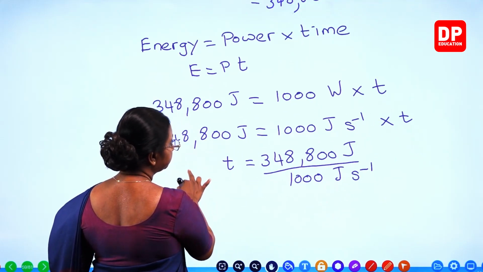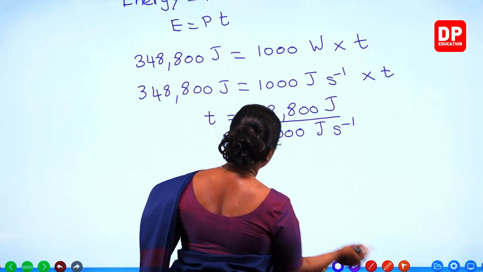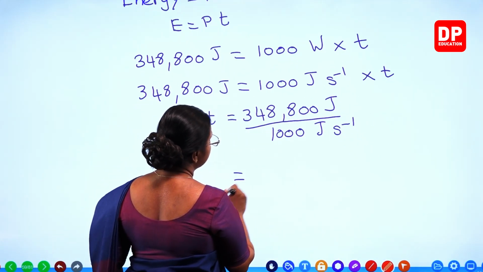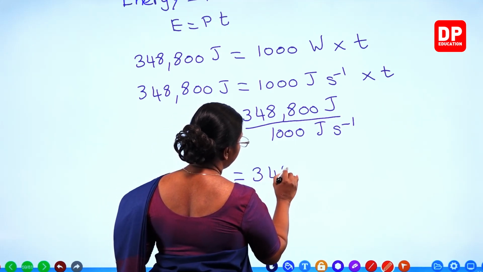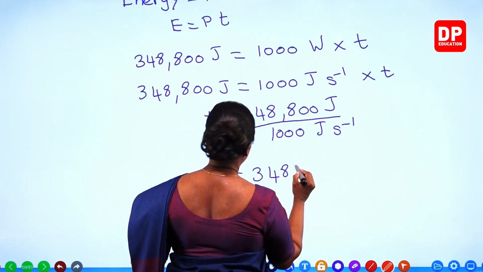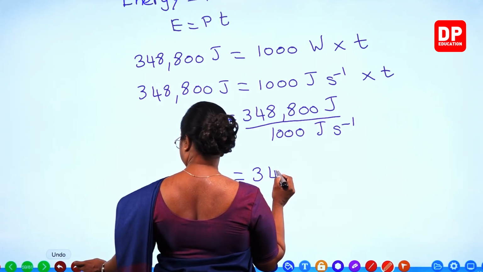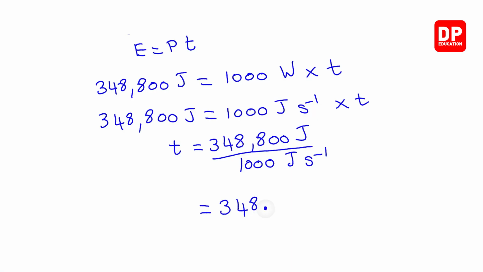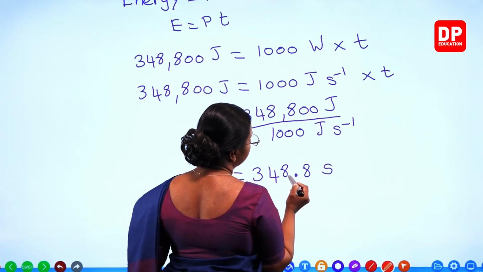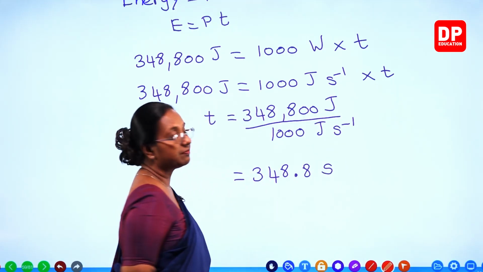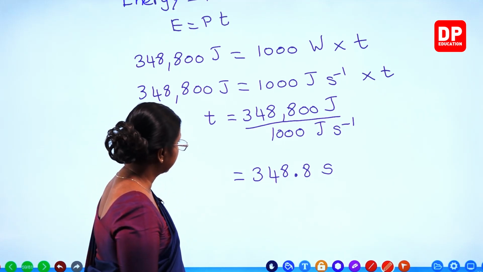So there you will get the answer 348.8 seconds. Here joule and joule cancel off. Then you finally end up with the unit seconds.